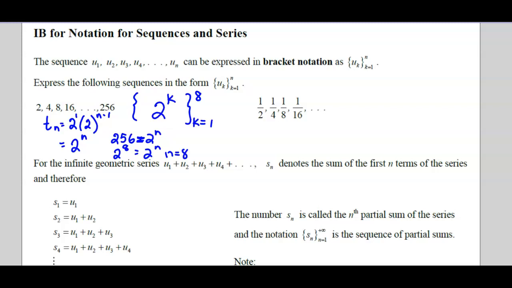No, definitely do not use square brackets or something else entirely. Here, this is geometric as well, right? We keep multiplying by a half. So this is kind of the same. It's going to be a half to the n.